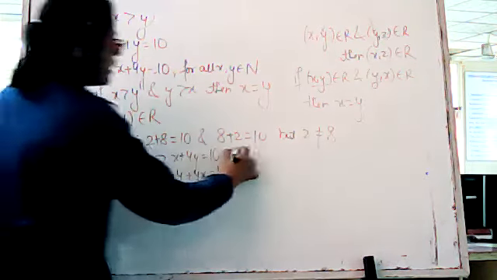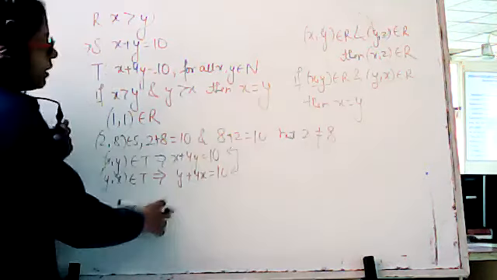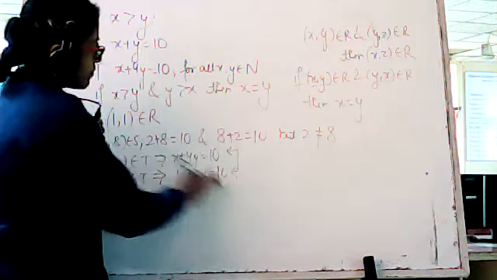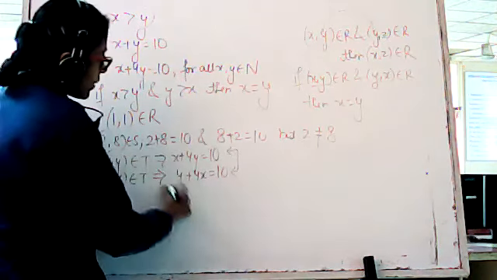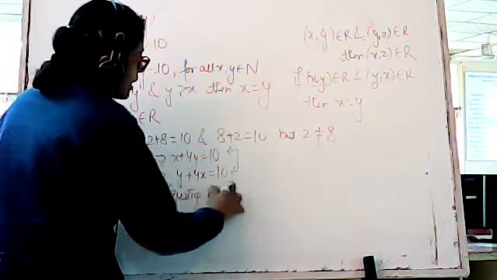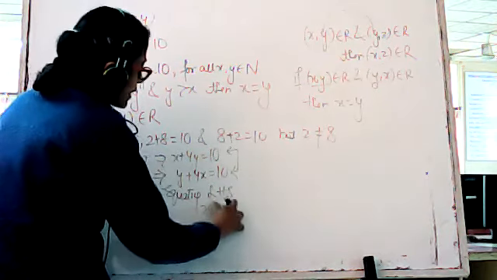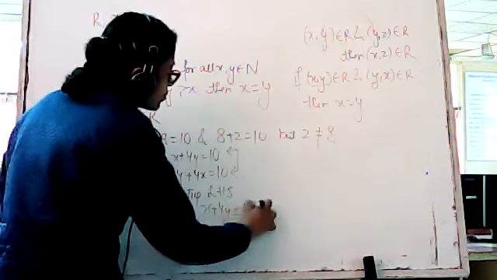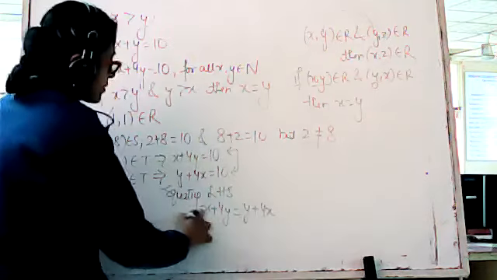Now we have these two equations, both having the same right hand side, so we can equate the left hand sides. Equating, we get x plus 4y equals y plus 4x.